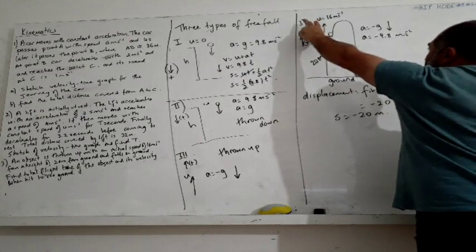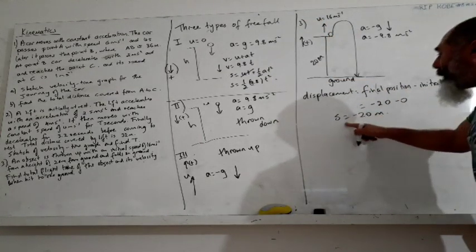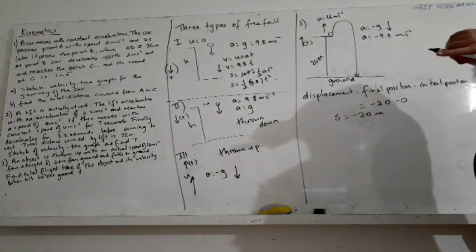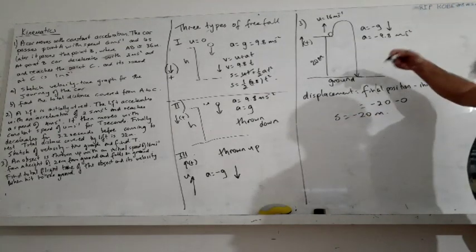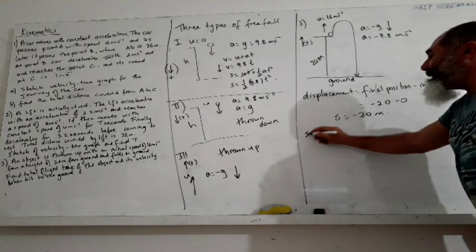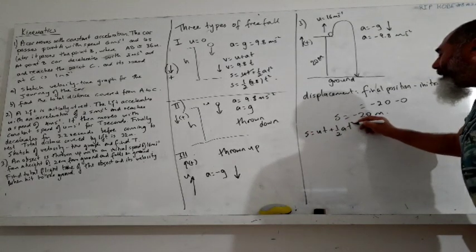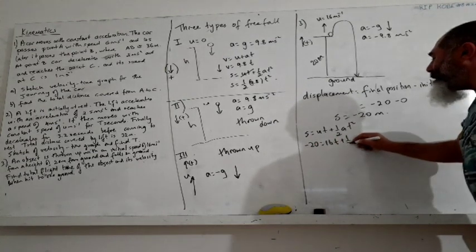So we know S, the displacement, we know the initial velocity, we know the acceleration, so we can find the time of flight. S is equal to ut plus 1 over 2at squared. Minus 20 is equal to 16t plus 1 over 2 times minus 9.8 t squared.